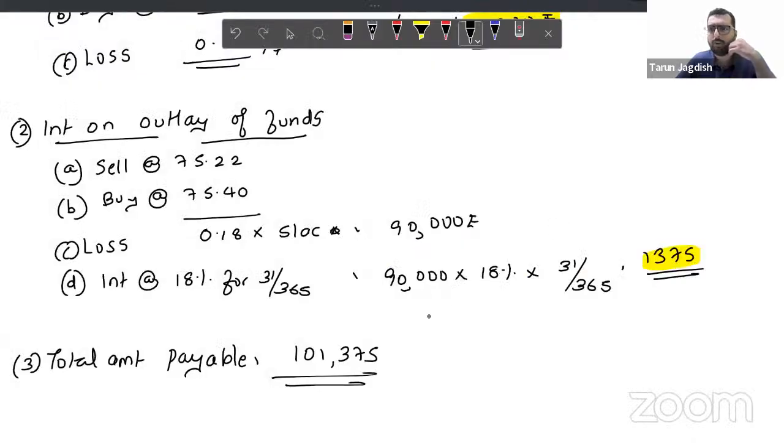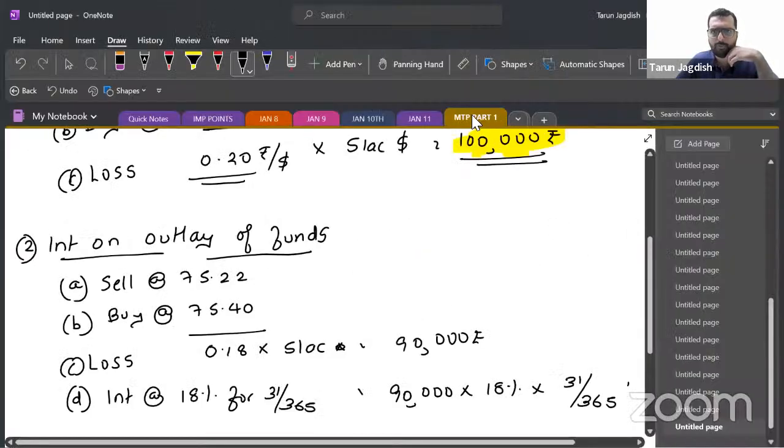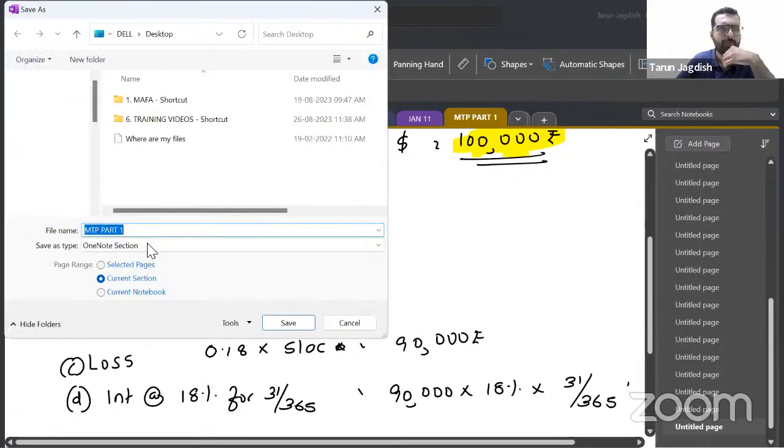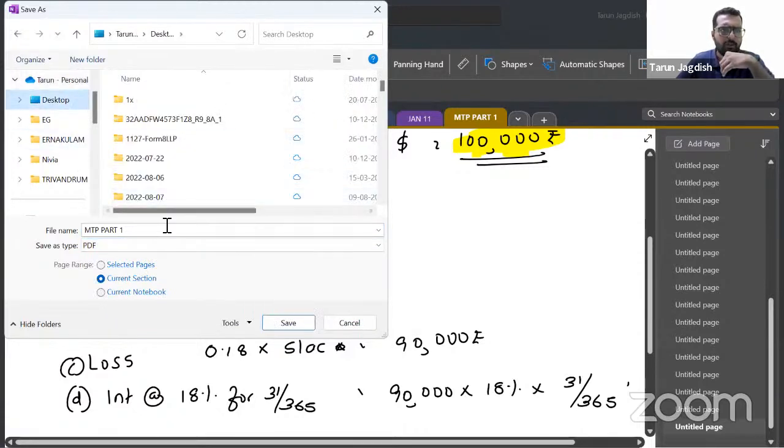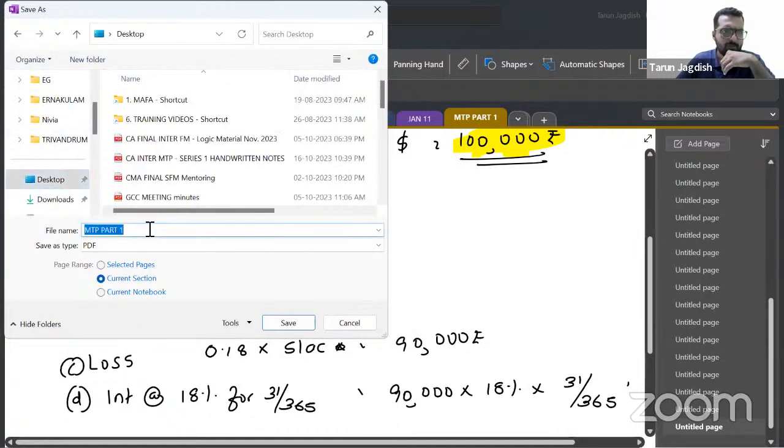Wait, even before I pack up, I need to upload these notes, correct? I'll do it right away now. Please stay there. Otherwise, later on, I will forget and you may not get these notes. So please confirm that you're getting the notes right away now. MTP part 1, SFM and written notes.